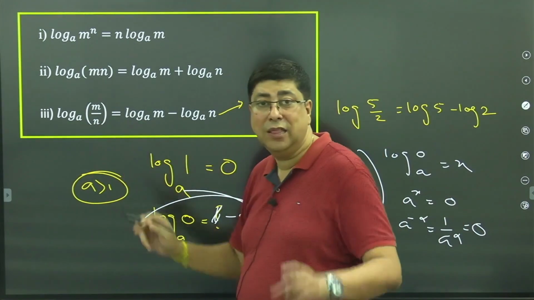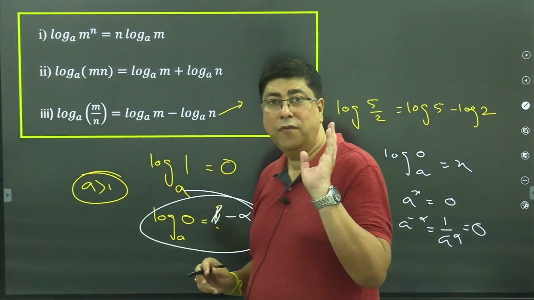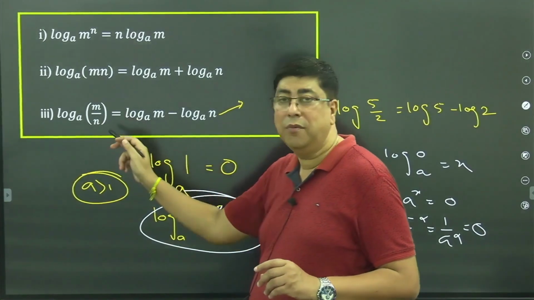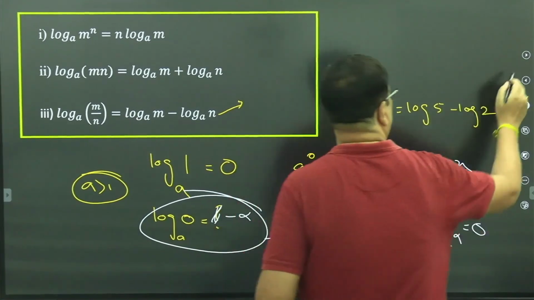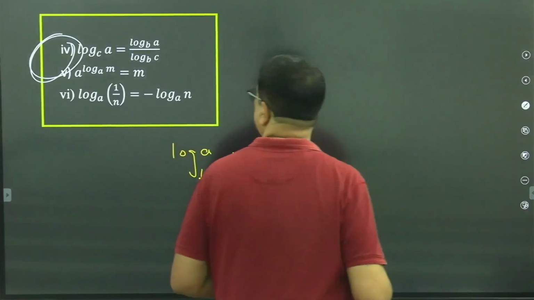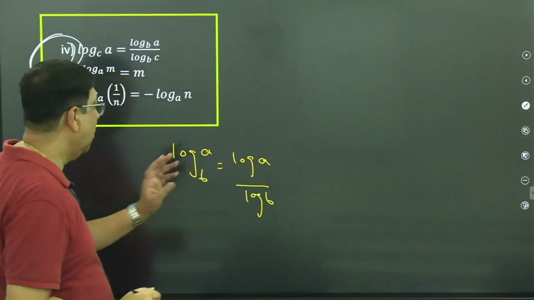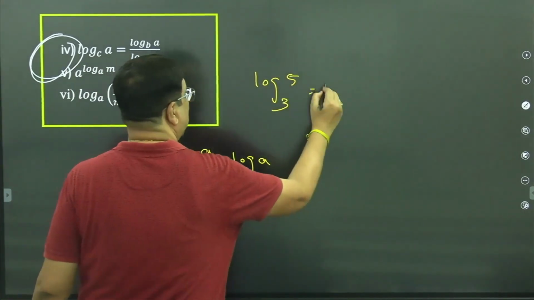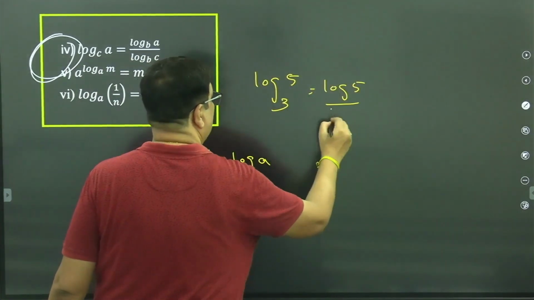This is m by n, that is a base b. Don't be confused with this, because I have seen a number of students getting confused between the number 3 formula and the number 4 formula. In this case, log a base b is log a by log b. For example, log 5 base 3 is log 5 by log 3.